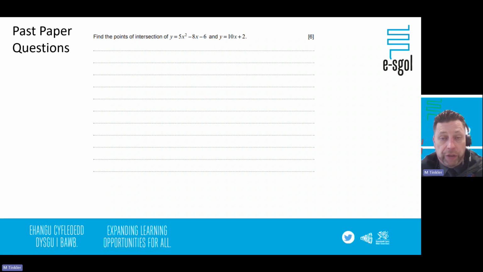And before you can factorize, as I said on one of the earlier slides today, you've got to get the equation to say equals 0, and you will be doing that on this one. So I'll stop and see if you can work on that before I put my answer up.